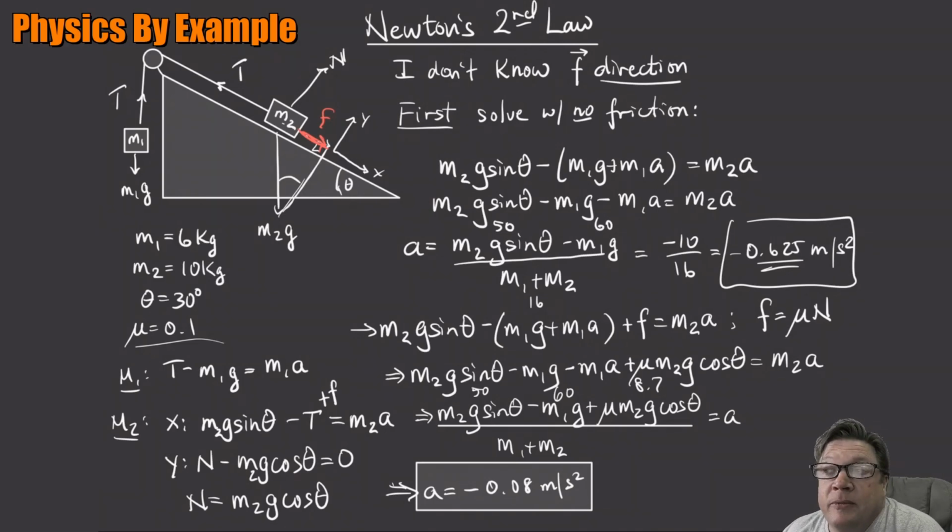Okay, so we took a while with this, but this is necessarily a two-step problem. We had to solve it without friction just to see which way it's going to go, and that'll tell us what direction friction is. Oh, and I was going to point this out, right? Here's why we had to do it that way. Here's the frictional force, and I put it in with a positive sign because I knew it was going down the plane. That's our positive direction for M2. If it was going the other way, what if I just said, I don't know, I'm just going to guess that the frictional force is going up the plane, M2 is going down the plane.